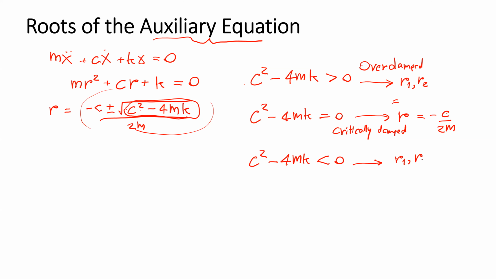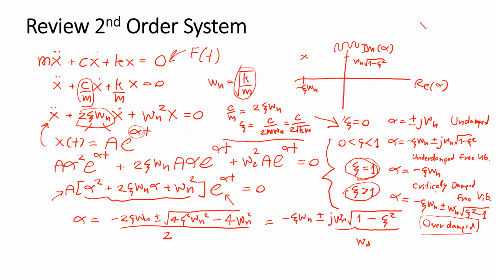R1 and R2 equal minus C plus or minus the imaginary number times the square root of 4mk minus C squared, divided by 2m. The complex conjugate root here gives underdamped free vibration.